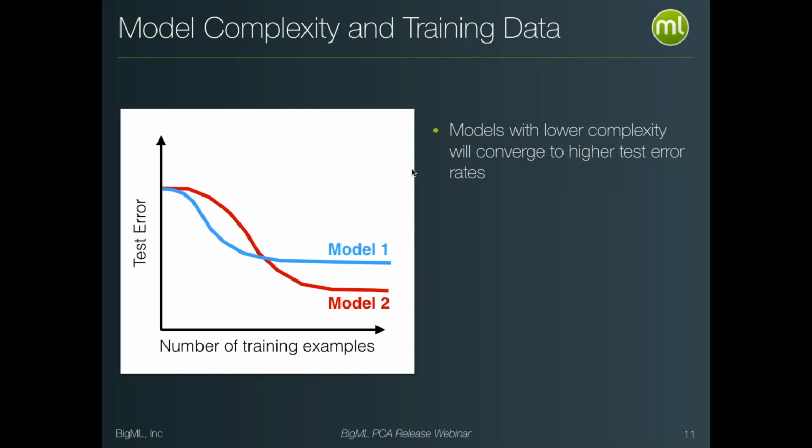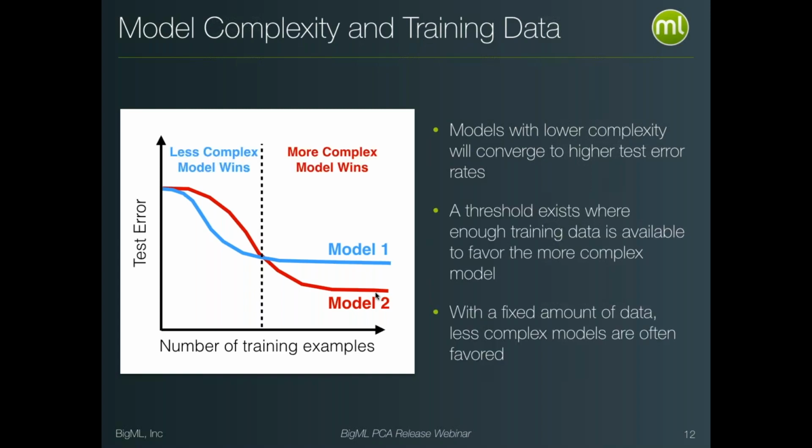So for example here, I have a plot on the left of the performance of a model, or its test error, as a function of the number of training examples. We can imagine a low complexity model in blue and a high complexity model in red. Holding all things constant, as we increase the number of training examples, eventually models with higher complexity will converge to a lower test error rate than our less complex models.